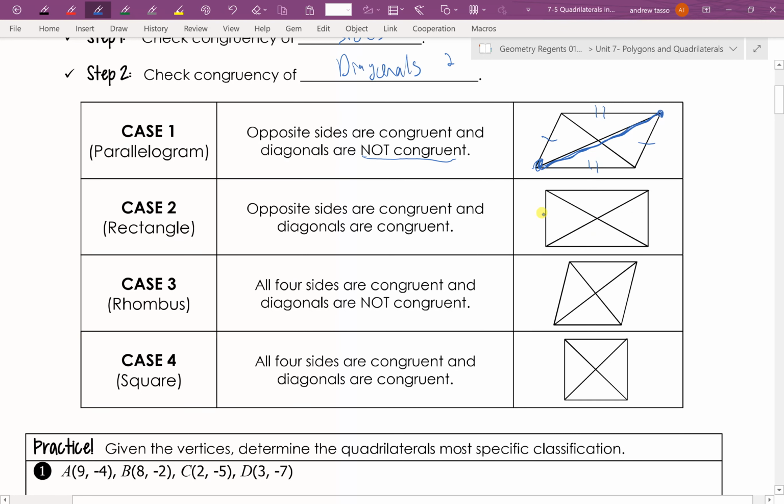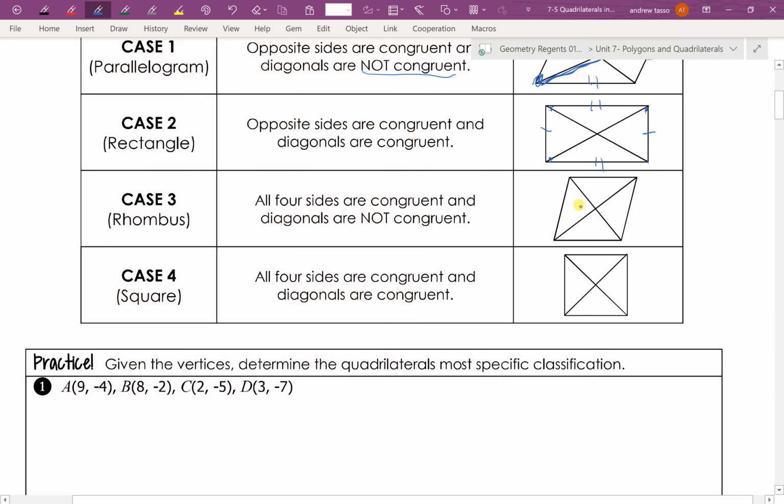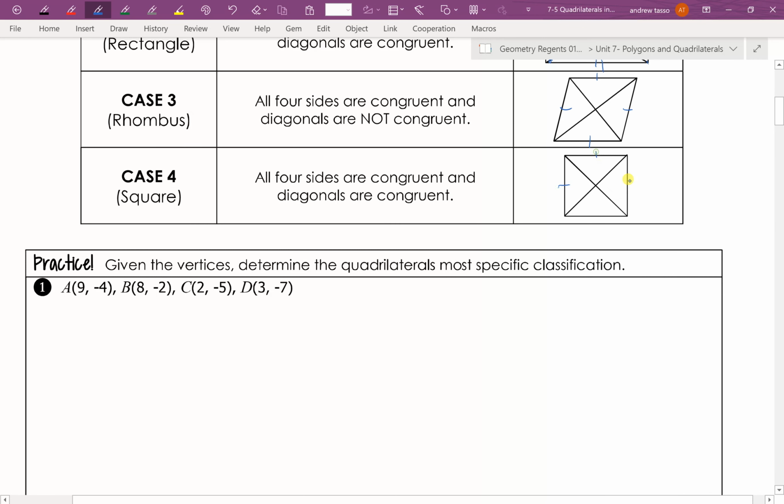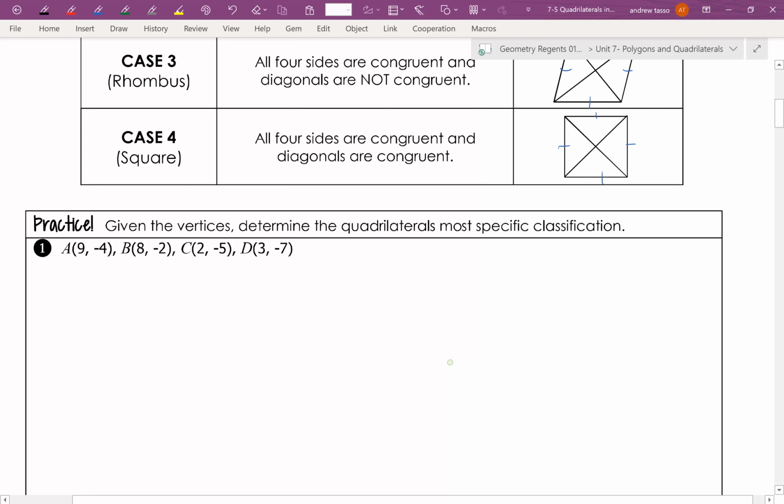If, on the other hand, we have opposite sides being congruent and the diagonals are the same length, then we must be a rectangle. Third possibility is we have all 4 sides being equal, but the diagonals are not equal. That would be a rhombus. And finally, if we have all 4 sides being equal, and the diagonals are also equal to each other, then that would be a square.